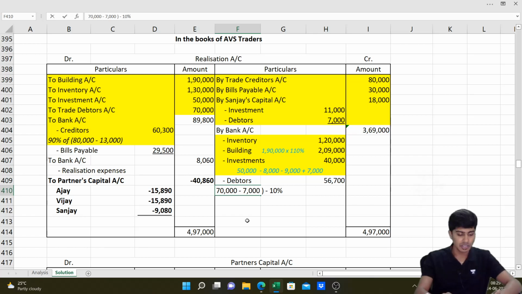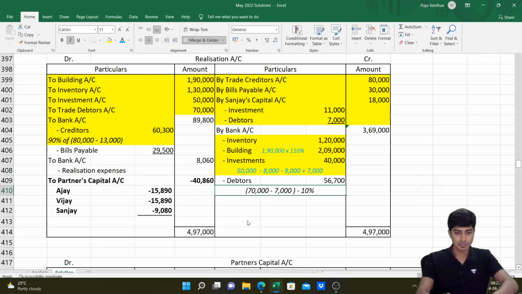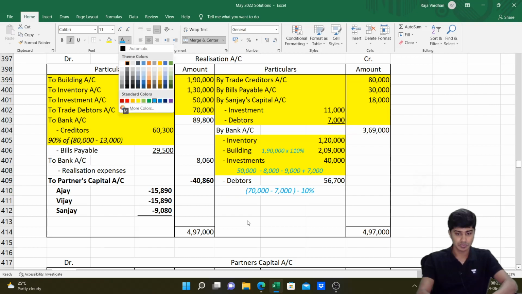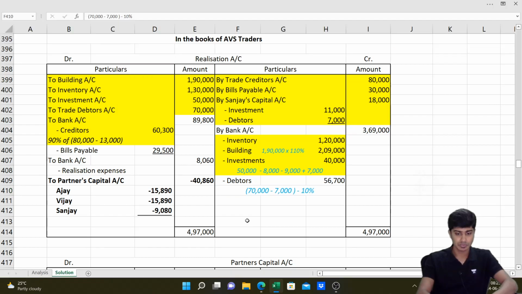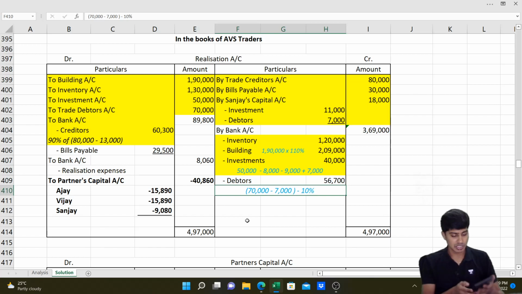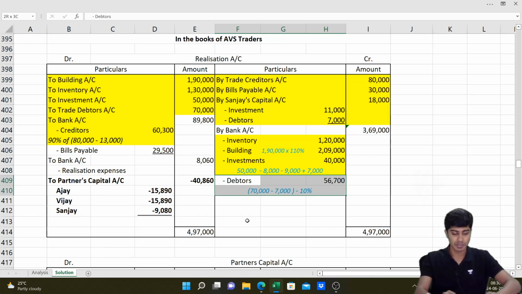Out of 70,000, if you have received 7,000, what remains is 63,000. From 63,000, if I deduct 10%, I'll be left with 56,700. That is the amount that will be received.